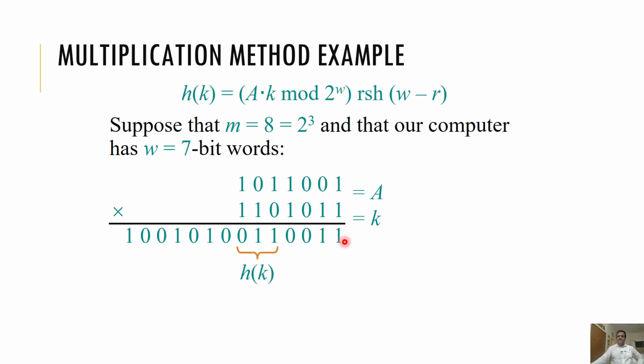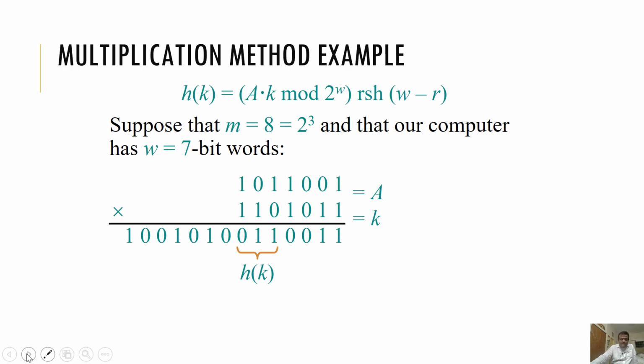Now, we want to make it again 7 bit, so we can take mod 2 to the power 7, which is this part. Now, we do the right shift, because we want to make it 3 bit again. How many times do we shift right? This is 7 minus 3, so 4 times. If we do right shift 4 times, these bits are gone, and what remains is our h of k.